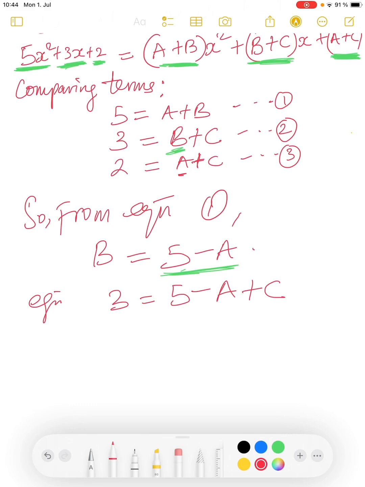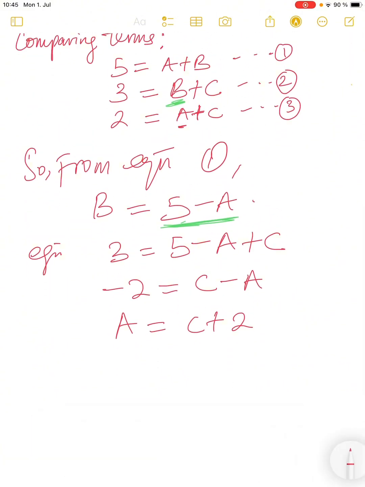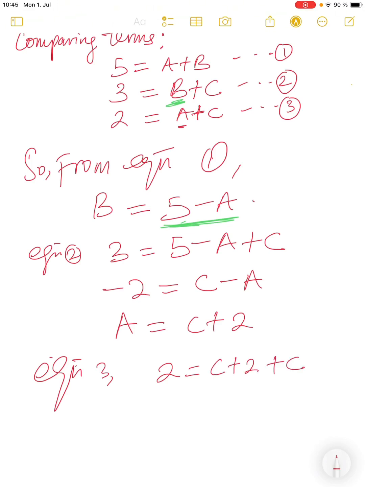So we have minus 2 equal to c minus a. So we can say that a equals c plus 2. So our equation 3 now will become 2 equal to, instead of a, we put c plus 2 plus c. So 2 minus 2 equals 2c. So that means that c equals 0 over 2, which is 0.